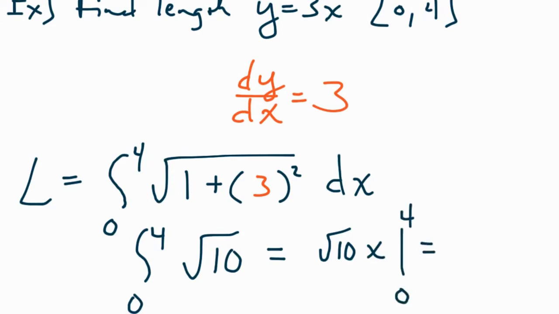So all I really need to do is plug in 4. Technically, I'm supposed to plug in 0, but that's going to come out to be 0. And when you subtract those numbers, you're going to end up with just 4 root 10. Well, 4 root 10 is the same as 12.64. So we end up with the same answer. The formula, as I'm sure you're not surprised, works.